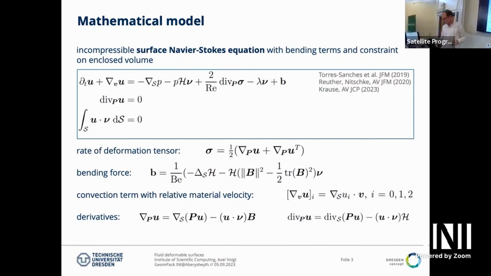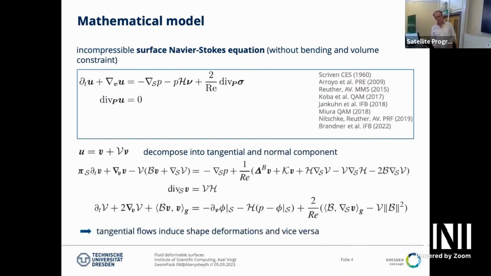Before we do this, let's simplify this a bit and analyze it a bit more. So let's drop the bending and the enclosed volume, and then it's the incompressible surface Navier-Stokes equations. This essentially goes back to Scriven, where this was used as a boundary condition in two-phase flow.